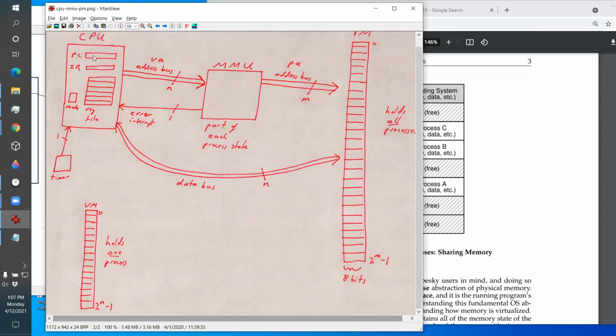Actually, let me go a step back. When the CPU is in kernel mode, the CPU still thinks it's talking to all possible physical addresses. It just knows that there's a limit to how many there are. It sees these physical addresses, and it knows that it can't use all of its program counter. It knows that the limit is whatever.